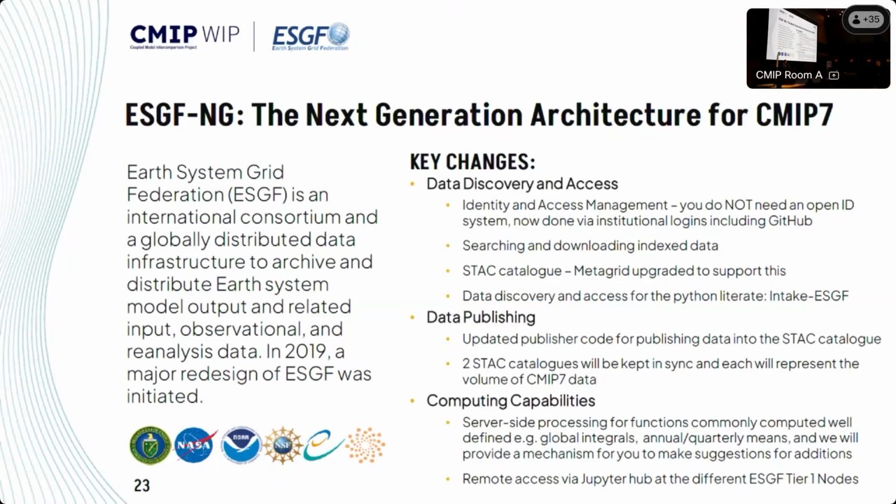STAC is an open standard that's used widely in the Earth observation community for cataloging Earth observation data. This move has been largely motivated by a desire to make ESGF data interoperable with other systems so that you've got easier access. We lessen the friction for you to use APIs and tools to do that searching for the data.